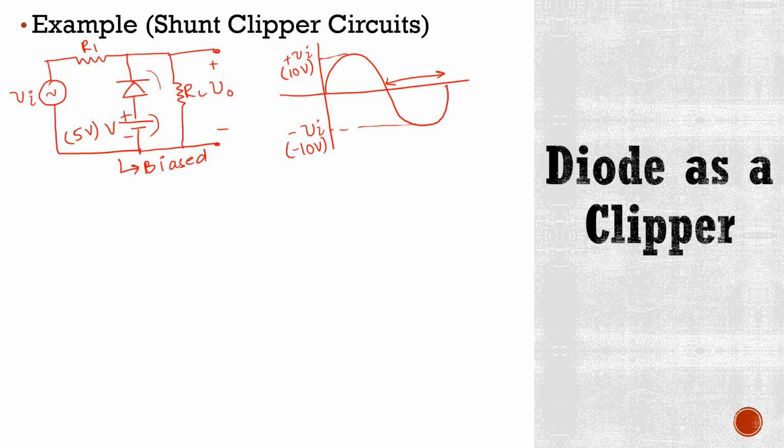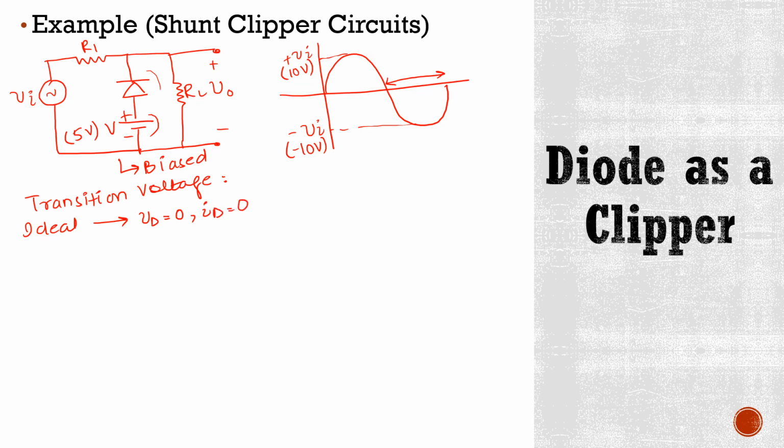So first we will find the transition voltage, and we know that in case of ideal diodes, the condition at the transition voltage is Vd equal to 0 and Id equal to 0.